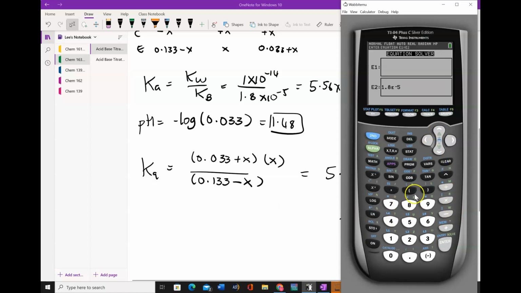Clear that off. 0.033 plus x, multiplied by x, divided by 0.133 minus x, is equal to 5.56 times 10 to the negative 10.